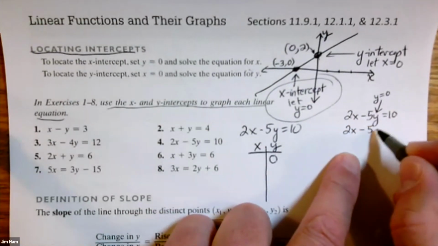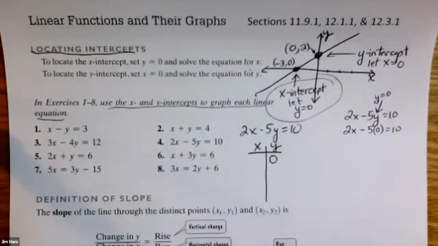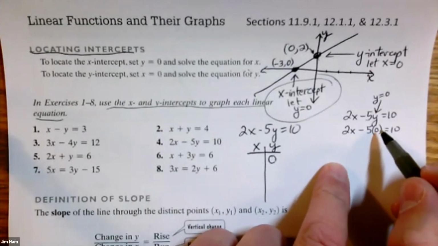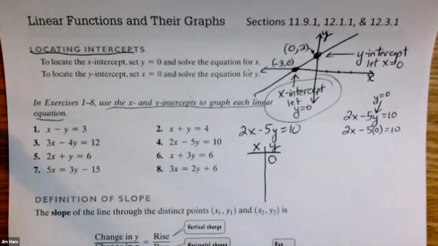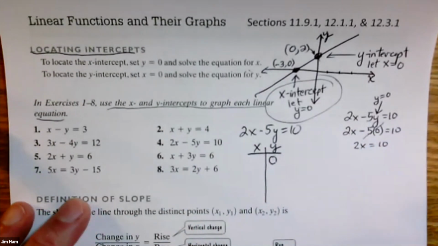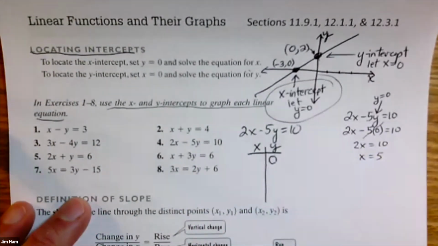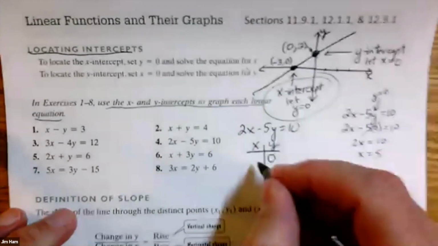So if we substitute the value of 0 there in for y, intercepts are easy to check because when you throw in a 0 anywhere, 0 times anything is 0, so this whole term just kind of goes away. And you get 2x equals 10. Dividing both sides by 2, you can see that the only thing that works there is 5. So x is equal to 5.